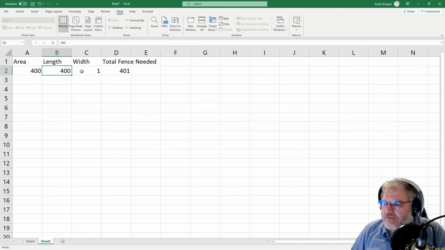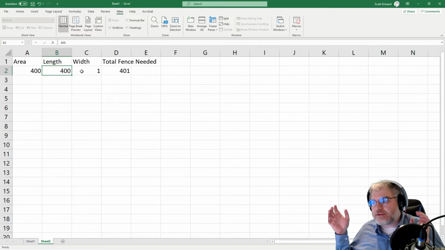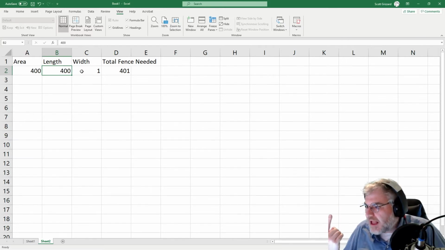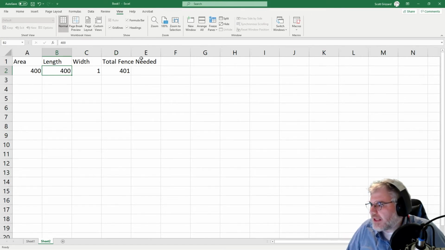Okay, so if my length was 400, my width would need to be 1, and I would get an area of 400, and I'd need 401 feet of fencing. 1 to 5, how do we feel about that? Oh, this should be 2, I'm sorry.